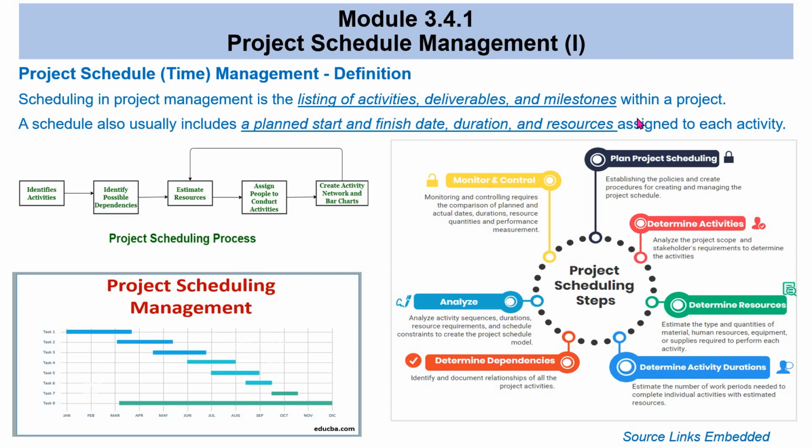So you plan the project, you determine the activities, the resources, the activity durations, and the dependencies, and you analyze, monitor and control. These are all the sub-steps you do when looking at project schedule management.